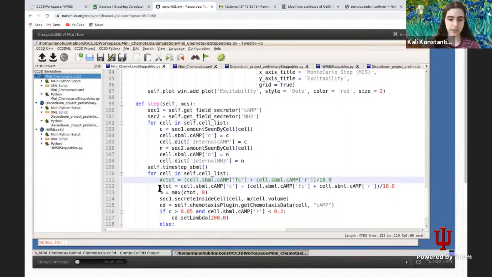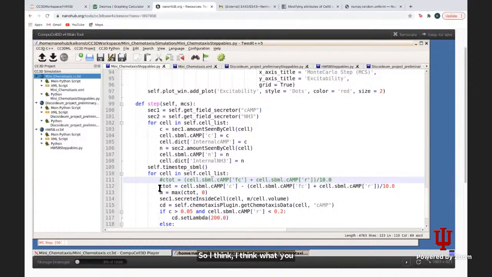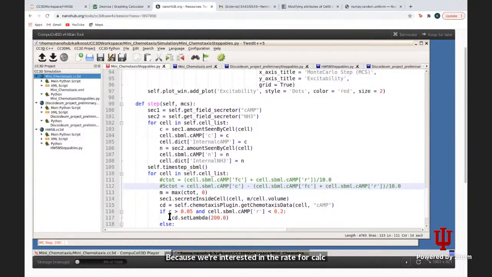So I think what you have in line 111 is the actual spatial implementation of the original ODE model, because we're interested in the rate for calculating secretion terms.